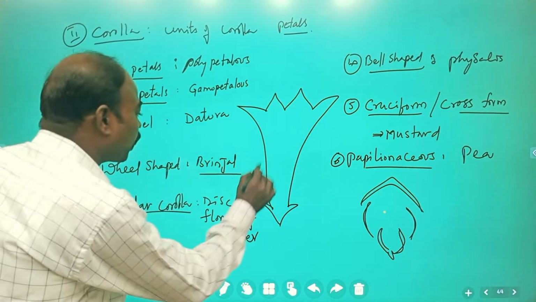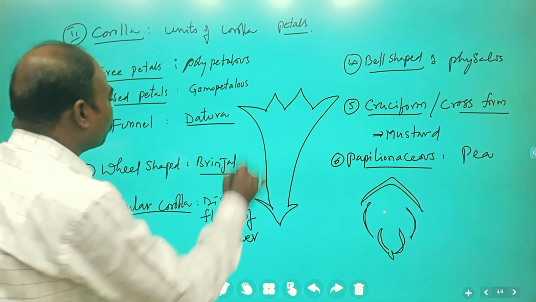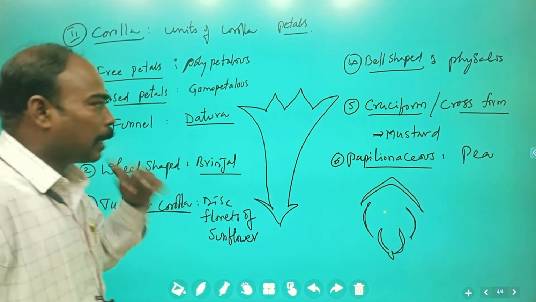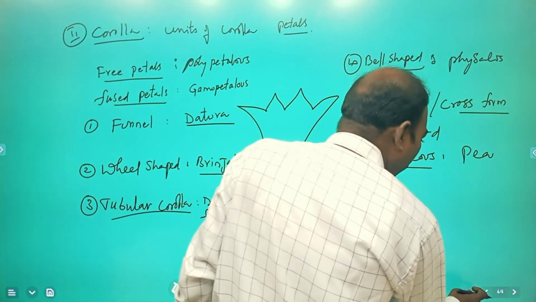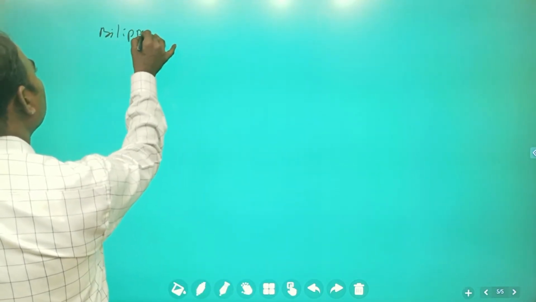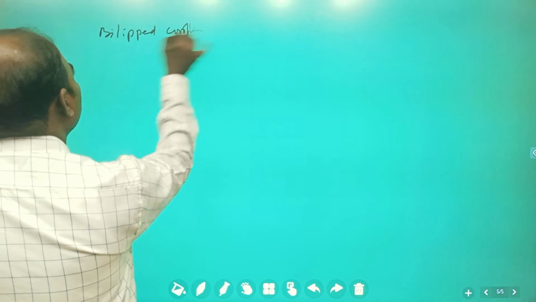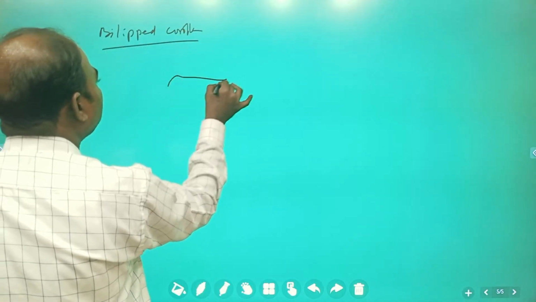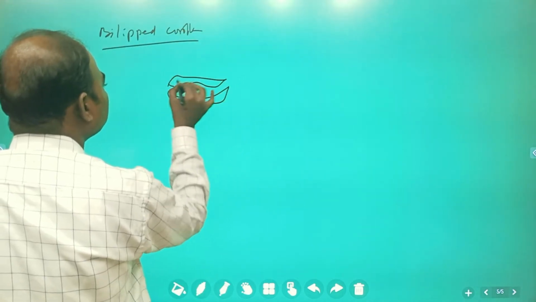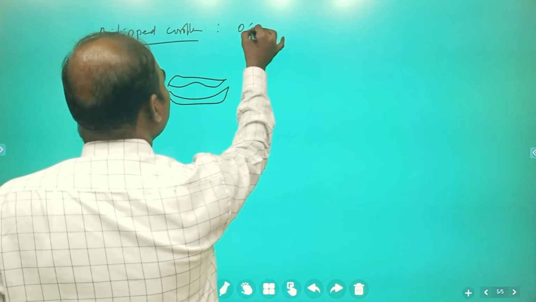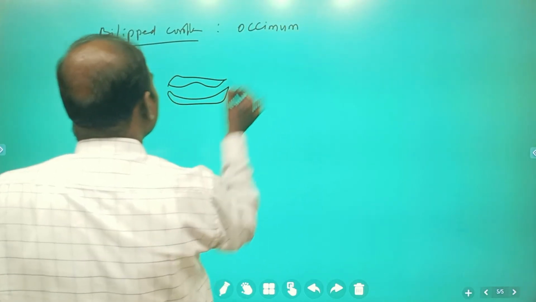Wheel-shaped petals are found in brinjal. Funnel-shaped is found in datura. And bilipped corolla, the corolla looks like 2 lips. Bilipped corolla is found in Ocimum.